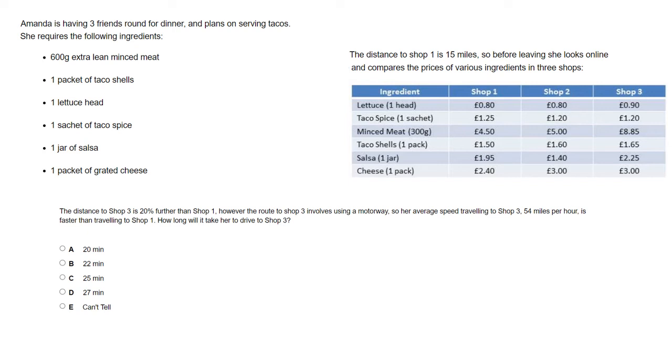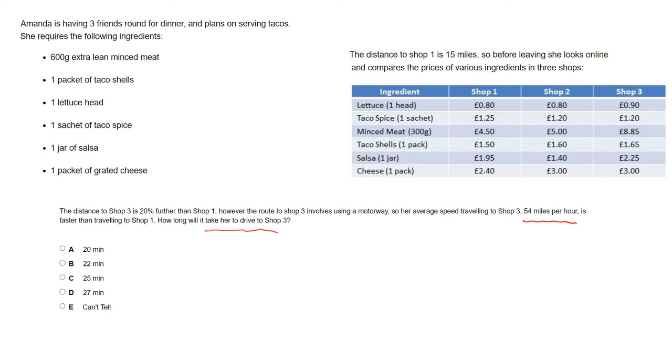So it tells you that what we're interested in is the time taken to drive to shop 3. So what you really need to know is the speed she's traveling at, which is 54 miles per hour, and you need to know how far it is to shop 3.